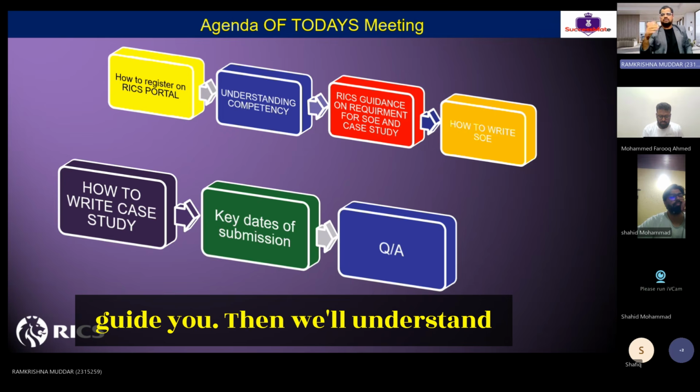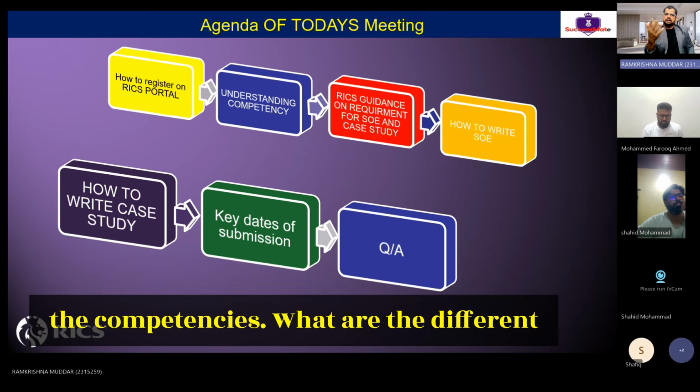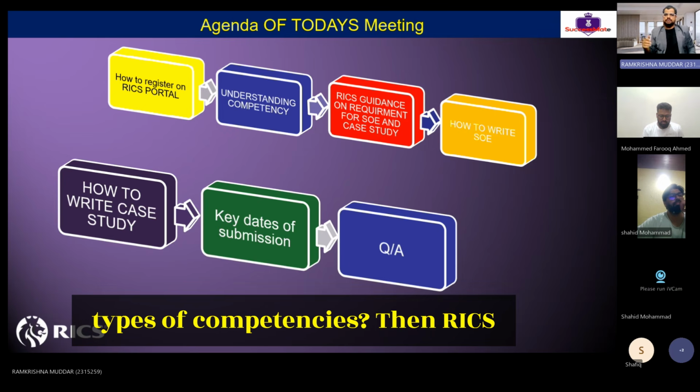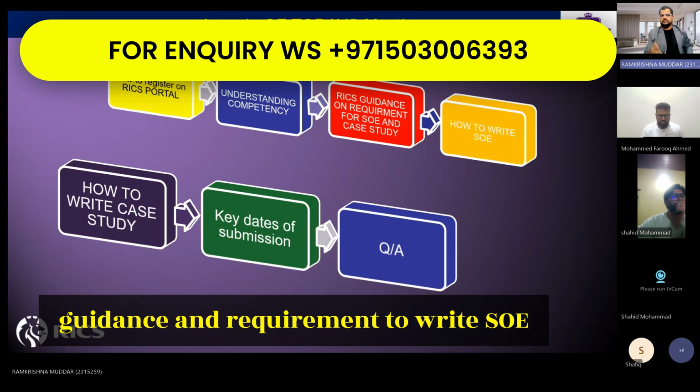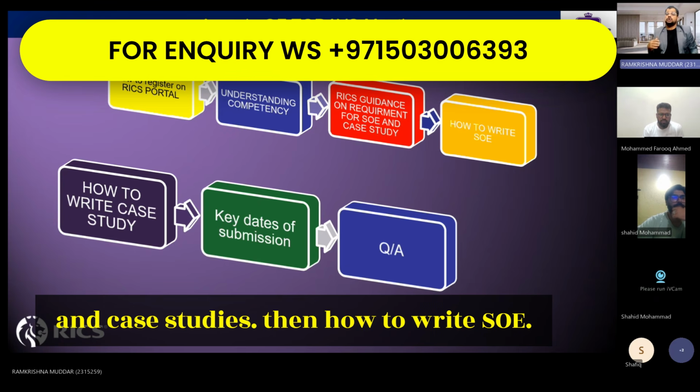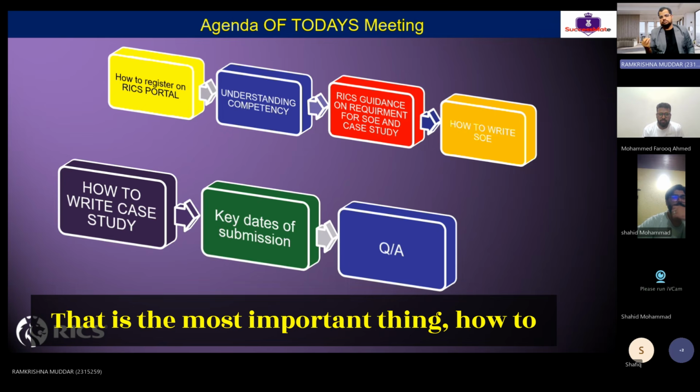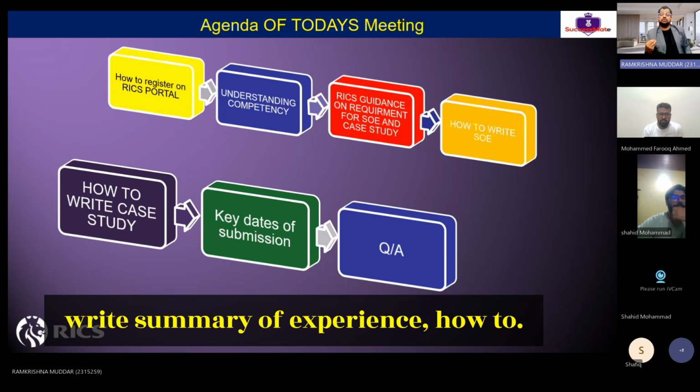I will guide you. Then we'll understand the competencies, what the different types of competencies are, then RICS guidance and requirements to write the SOE and case studies. Then how to write the SOE, that is the most important thing, how to write the summary of experience.